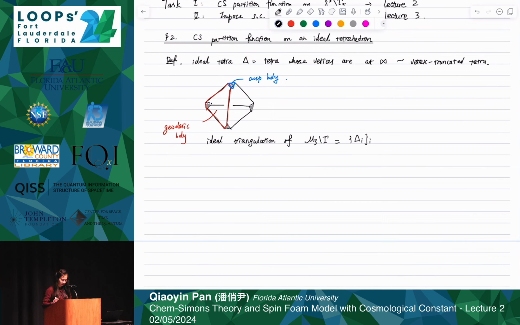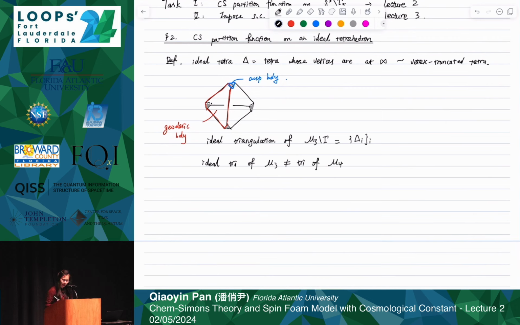I want to clarify that an ideal triangulation is not the same as a triangulation. First of all, when we talk about a triangulation, usually we talk about triangulation of a 4-manifold if we study 4D quantum gravity.